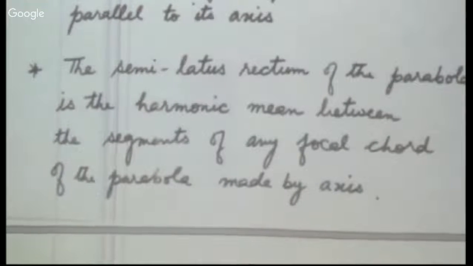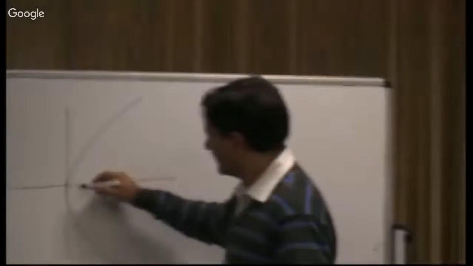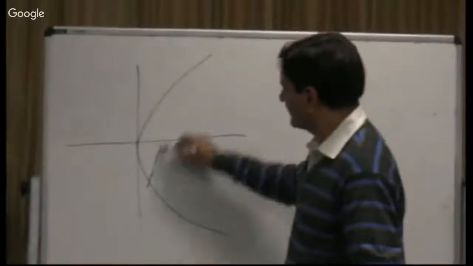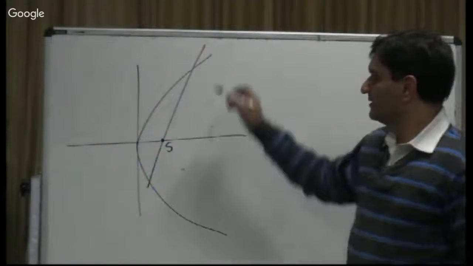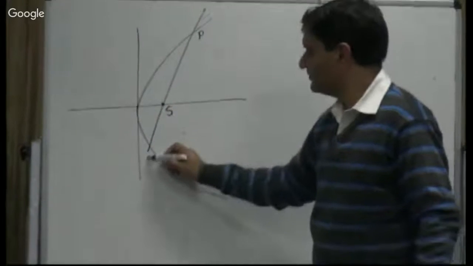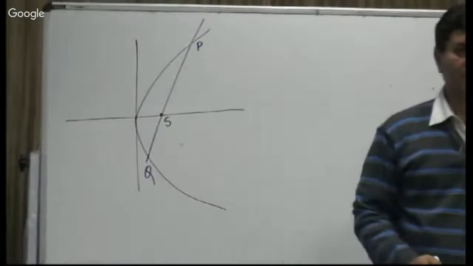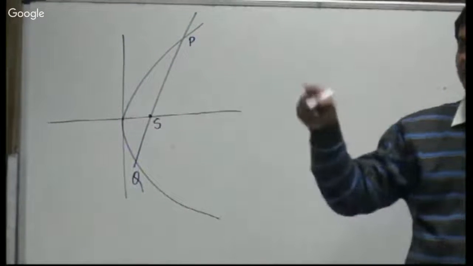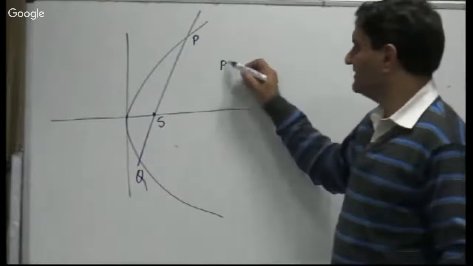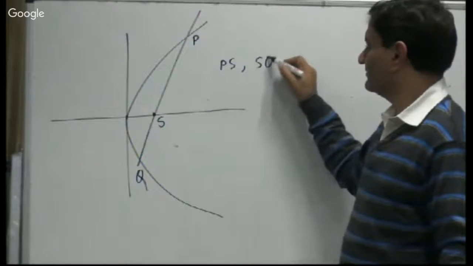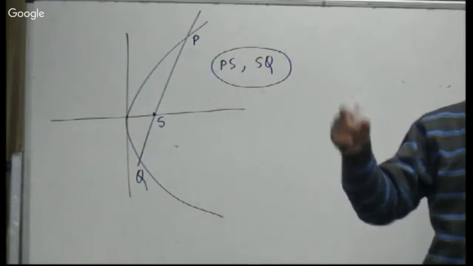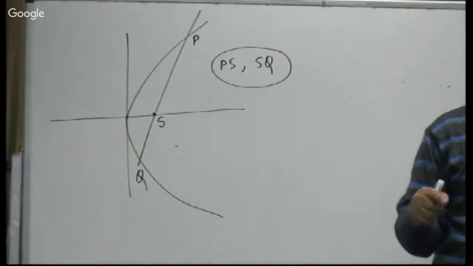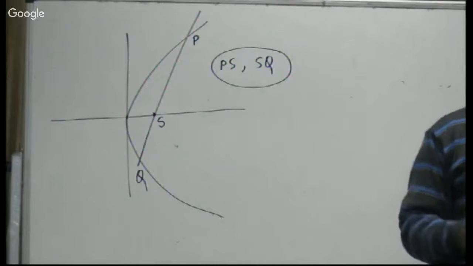See, this is the focus. Focal chord is PSQ. What are the two parts in which the focus is dividing the focal chord? PS and SQ. So the harmonic mean of these two segments, these two parts, is equal to the semi-latus rectum.